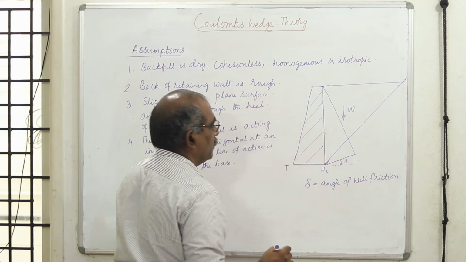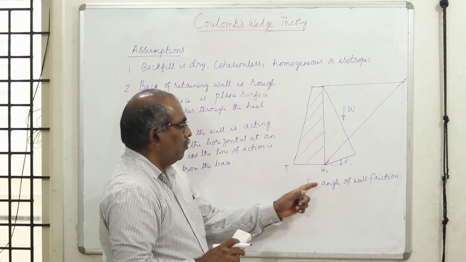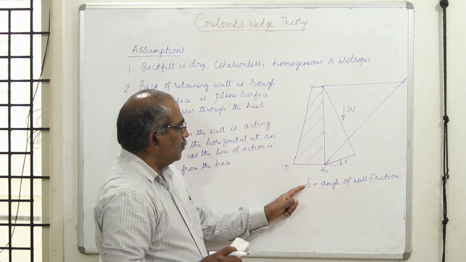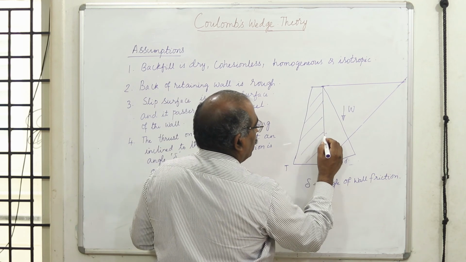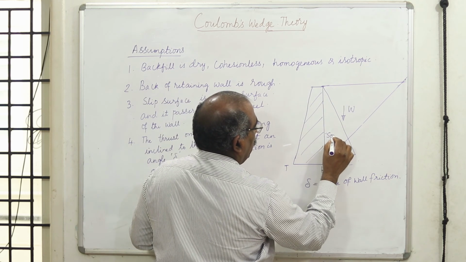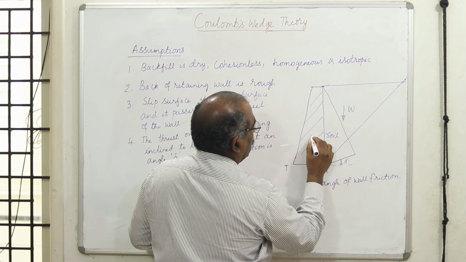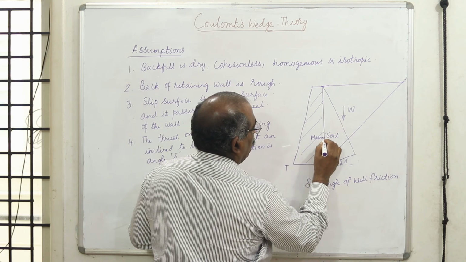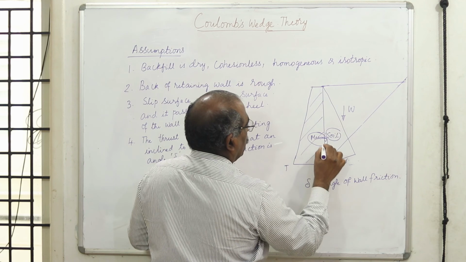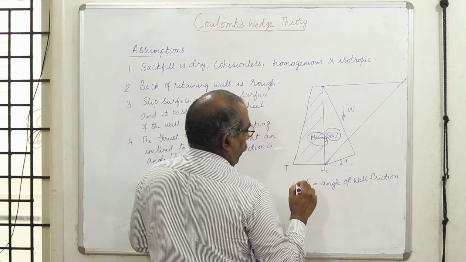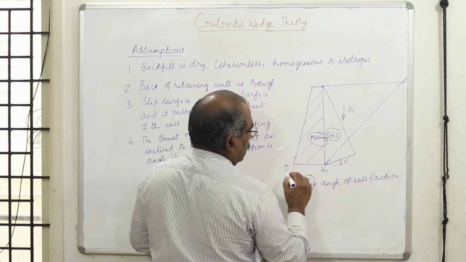In the friction chapter in engineering mechanics we would have studied what a friction angle is. Delta is the inclination due to the friction between the soil and the masonry material. Masonry is on one side and soil is on the other side. At the interface there will be some friction, and the inclination of that resultant.